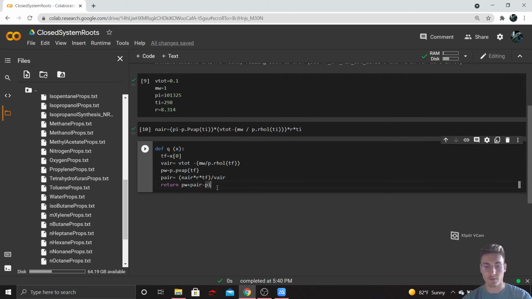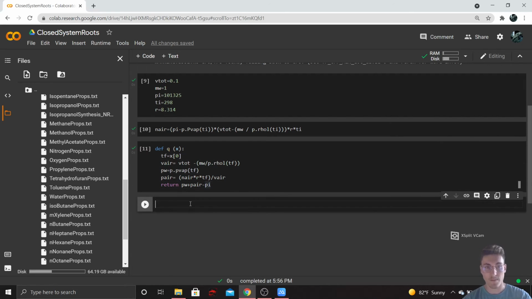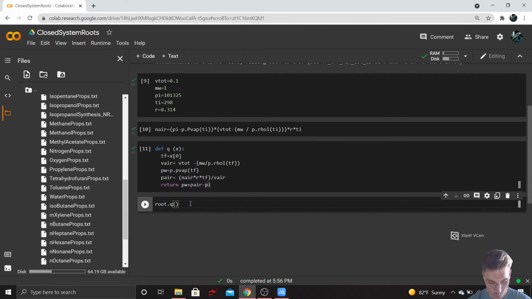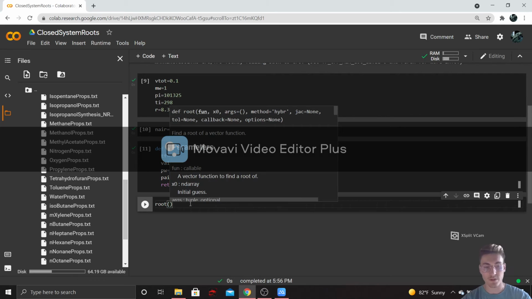So now we can shift enter that, and then if we do root dot Q, we pass in an initial guess. We need to pass in an initial guess, so it's root of Q and then an initial guess.